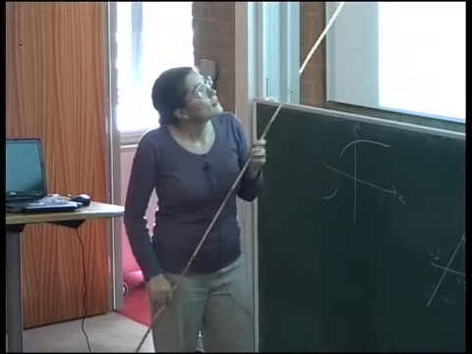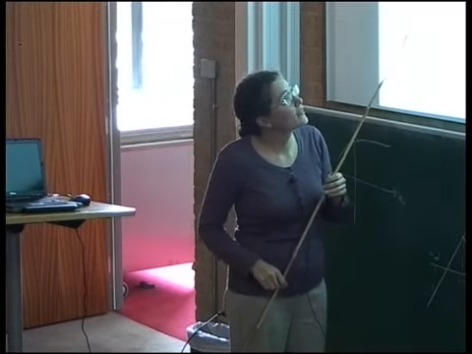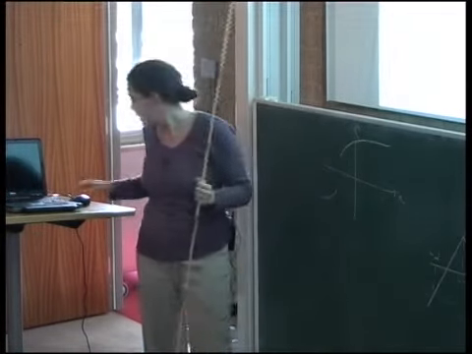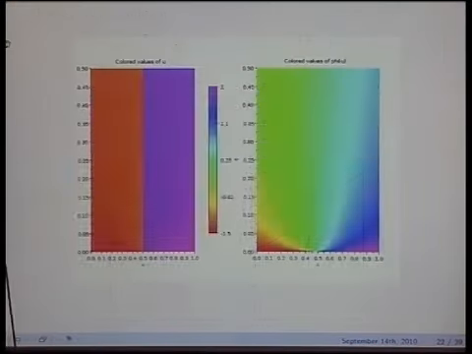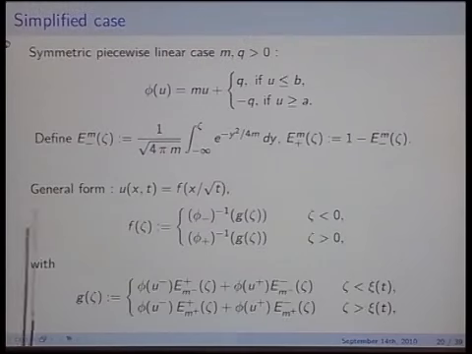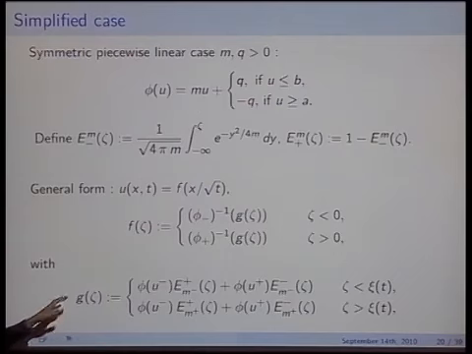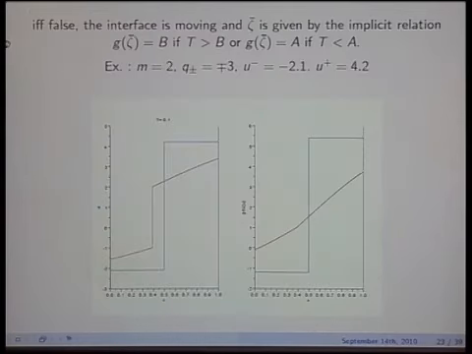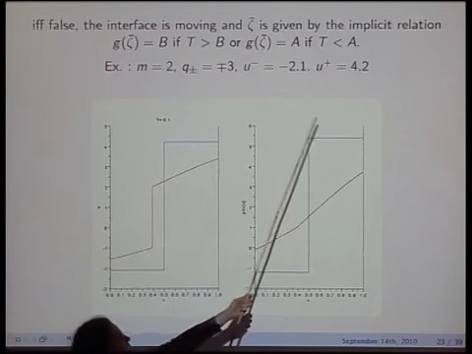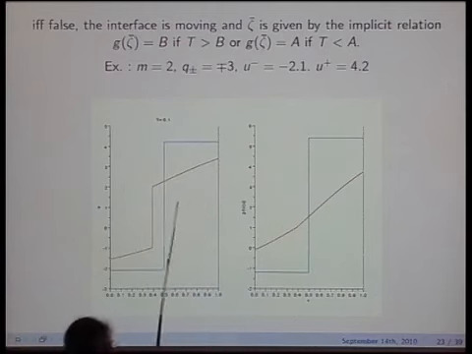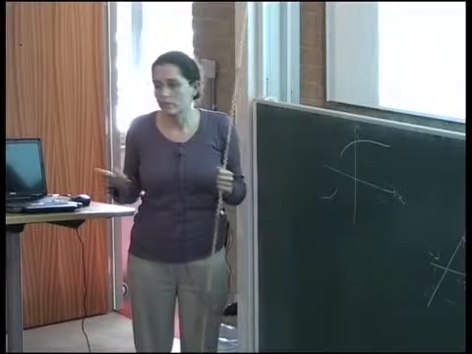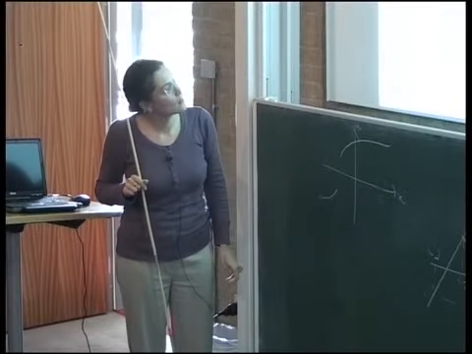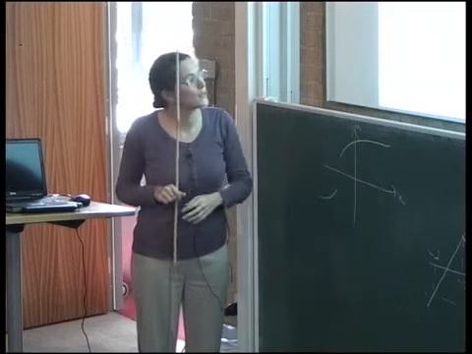Now if the condition is false, then the interface is moving. So zeta bar is given by a very nasty implicit relation, because if you remember, G is this very nice thing here, which is not explicit at all. But with Newton's algorithm, you can find zeta bar. That's not a problem. So here in this specific case, minus 2.1, 4.2, you see that if you sum up the two values, f of u plus and f of u minus, then you are not in the good case.